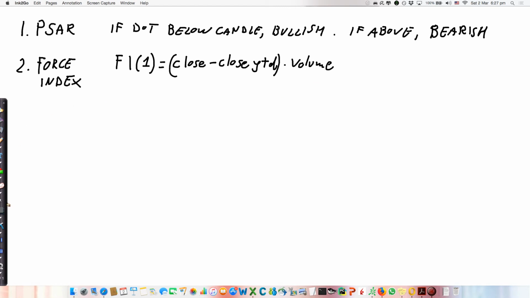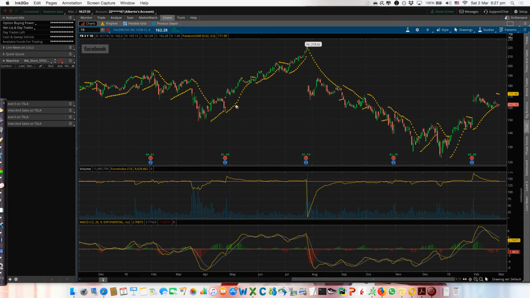So when you see, for example, that the closing price is above the closing price of yesterday, that means that the force index 1 is positive, and then the magnitude also depends on the volume.